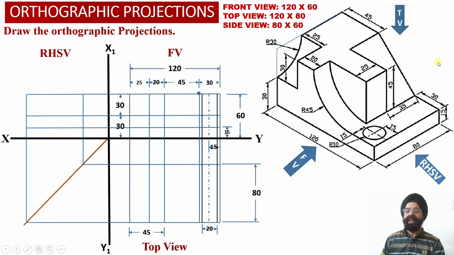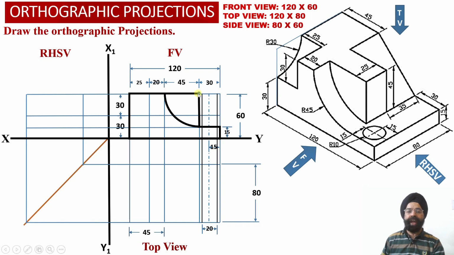Now we know that this is going to be our starting point corresponding to this circular cut section, which has radius equal to 45 millimeter. So with this as the center point, we know that the radius is equal to 45 because this distance is 15, so the remainder distance is 45 millimeter. Again, this distance is also 45 millimeter.